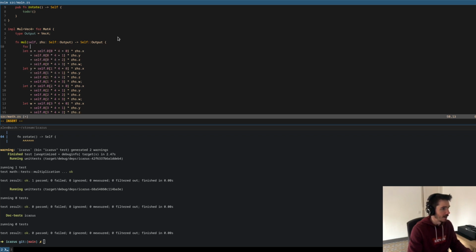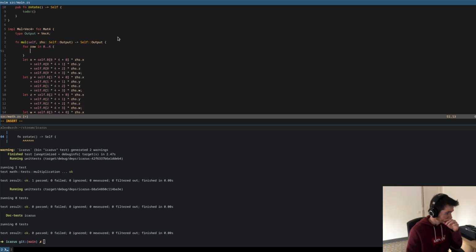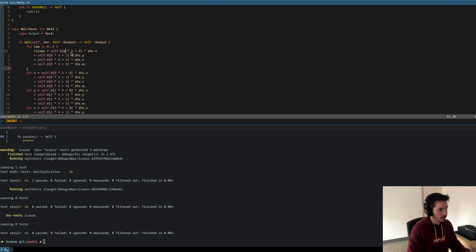So if we had a for i in 0 to 4, or for row in 0 to 4, we could have v dot v at row index is going to be this thing, where these zeros become row, row, row, row, and row.